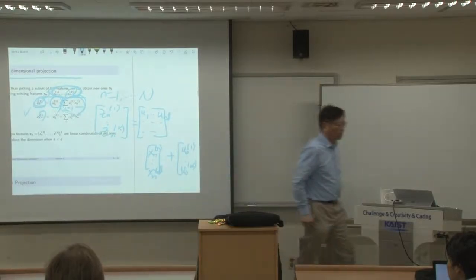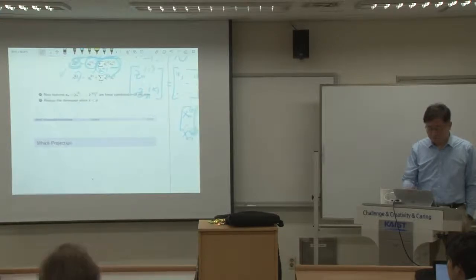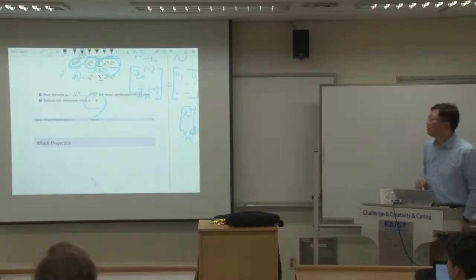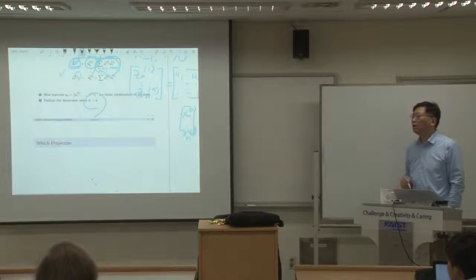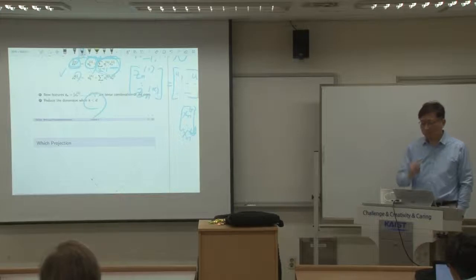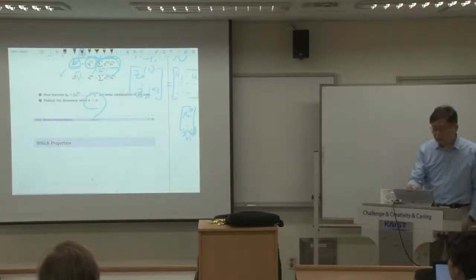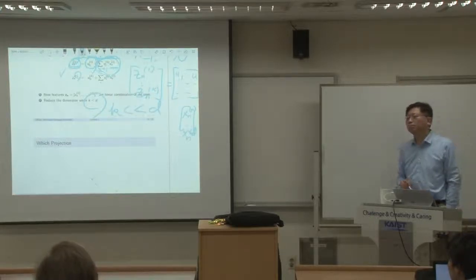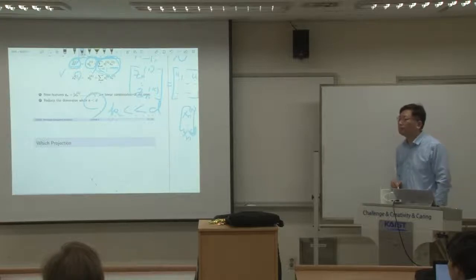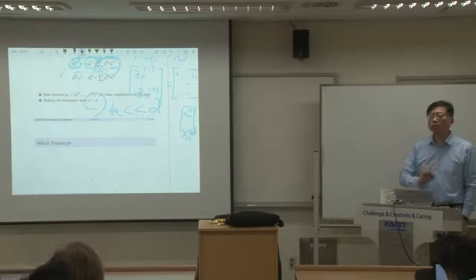And when I'm doing dimension reduction, K is usually much smaller, I should say, is smaller than D. K is less than D, but in general, K is much smaller than D. So this is the theory behind PCA.